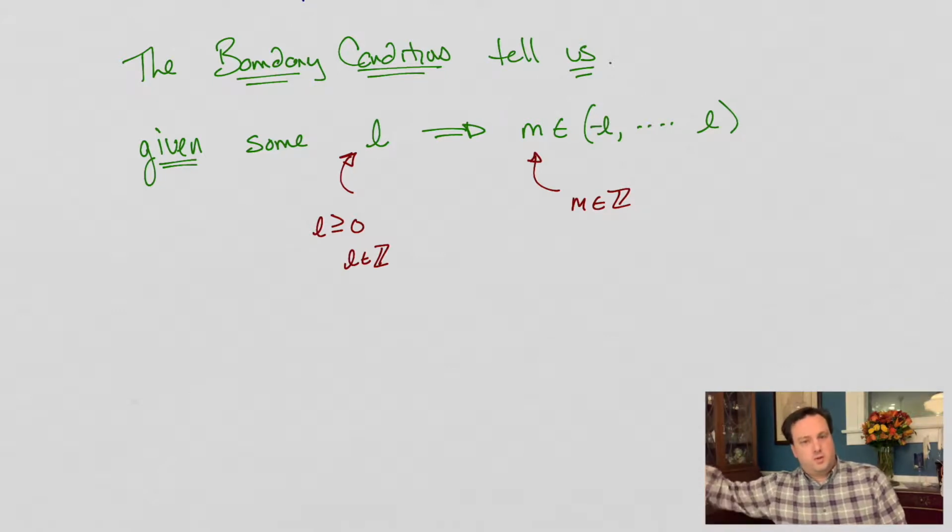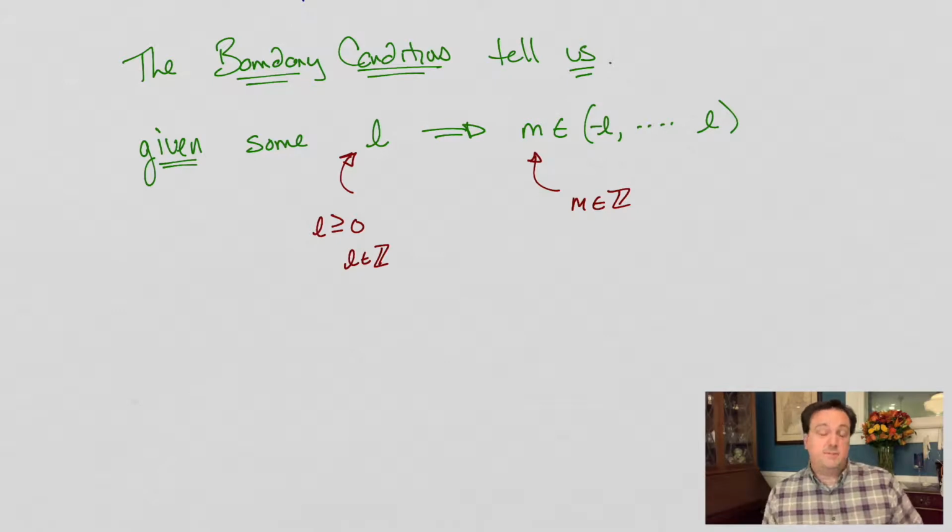It can be 1, 2, all the way to L, but the absolute value of M can't be any bigger than what L is. Okay. And so just by looking at the differential equations and the boundary conditions, I get these conditions on what L and M can be.